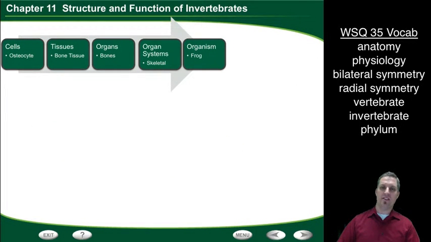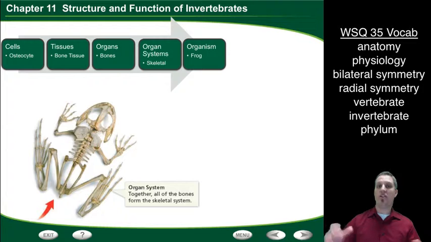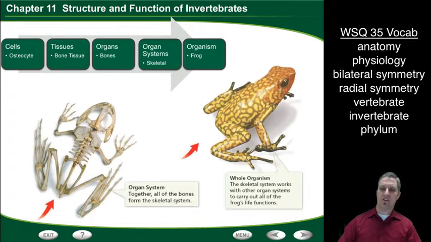Those organs work together, and they make up organ systems. So all the bones, which are all different organs, come together and they make up the organ system. That would be the skeleton of that organism. And then ultimately all those organ systems work together and they make up the whole organism. So the example that we used here is that of a bone cell.